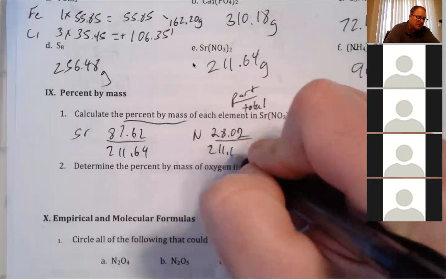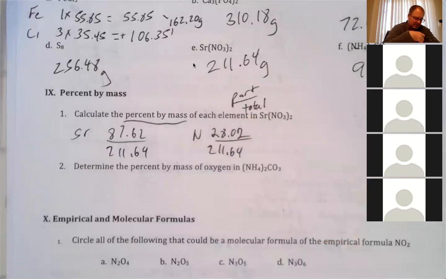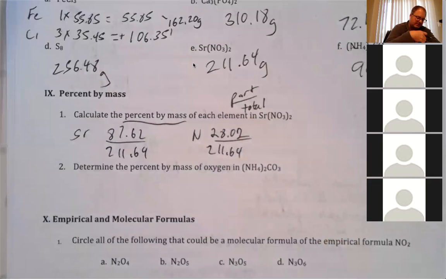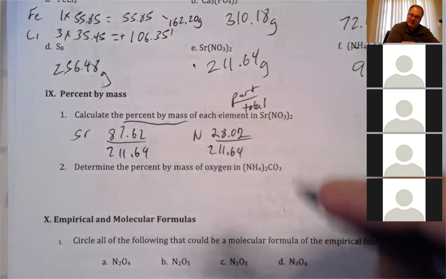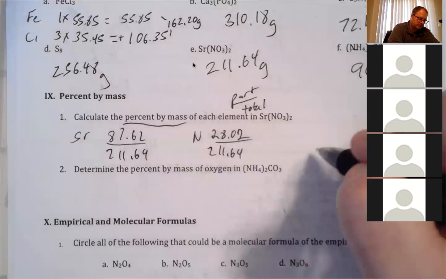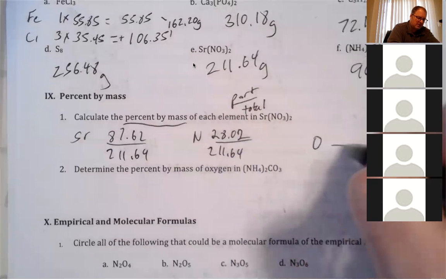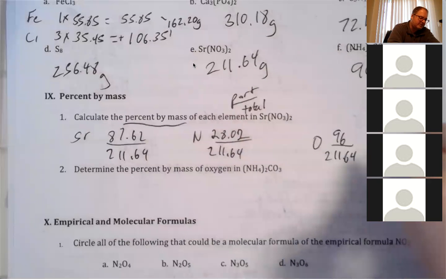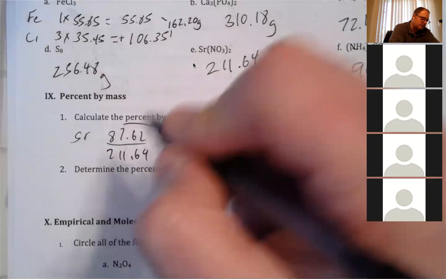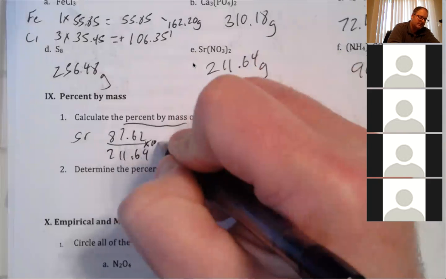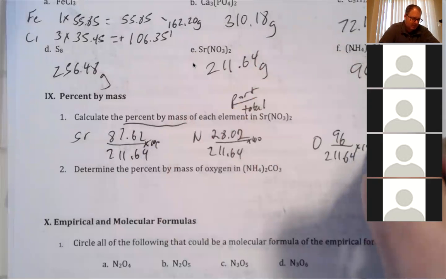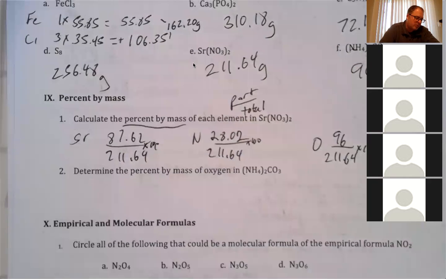For the oxygen, there are 6 times 16. The answer is 96. 96 divided by that total. Now each of these are going to be times 100 because we want to make a percent. 96 divided by 211.64 times 100.